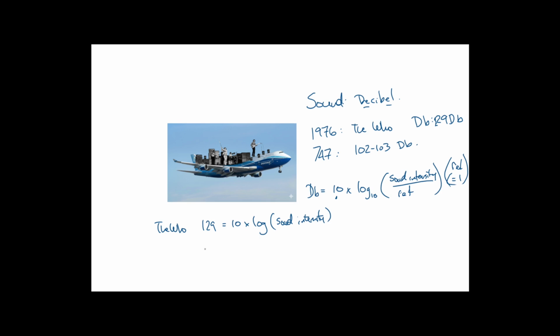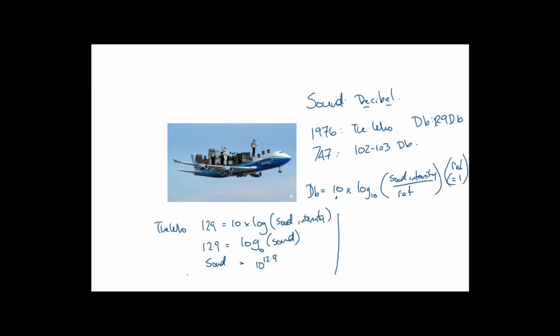So let's divide both sides by 10, so 12.9 equals log of the sound intensity. So the sound intensity, the volume of The Who, was 10 to the power of 12.9. All right, which is an enormous number. It's going to be a one in front of almost 13 zeros.